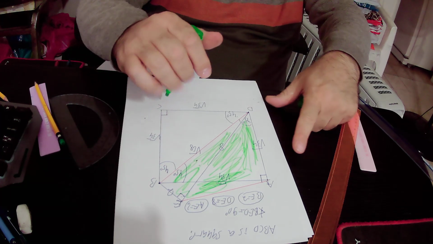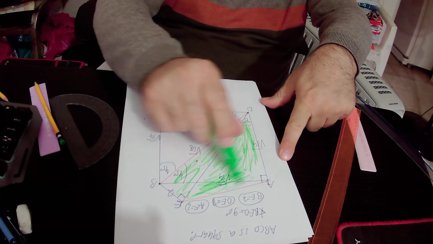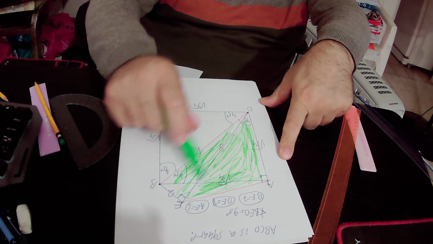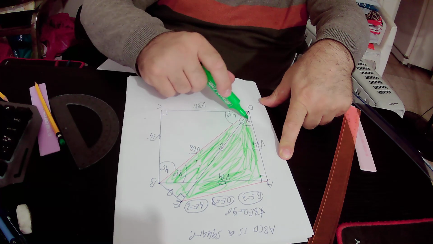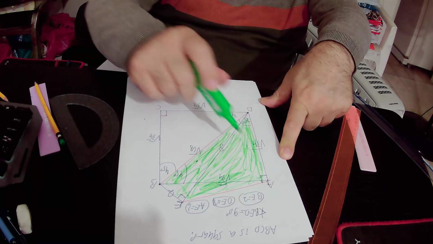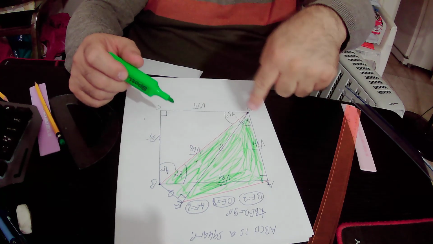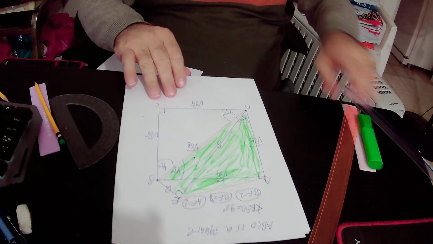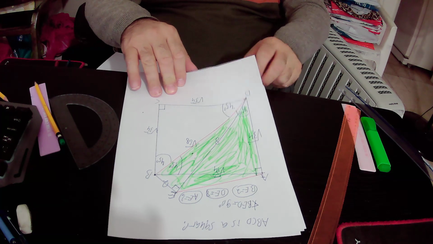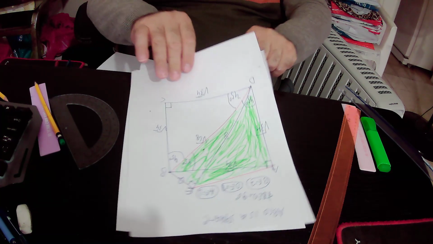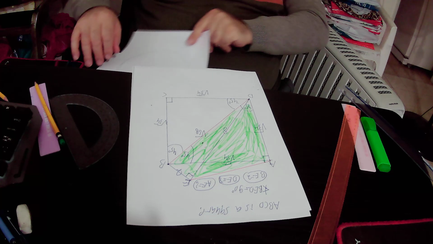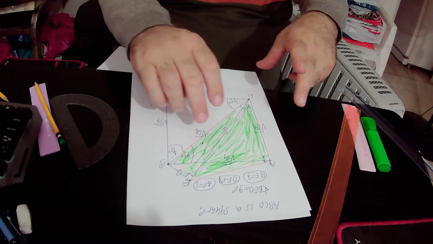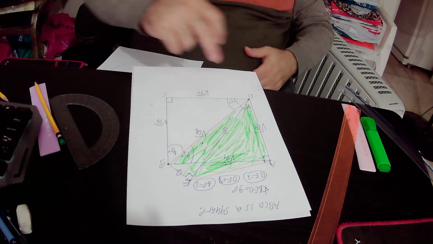Then the green quadrilateral AEBD is inscribed by a circle, and the 4 points A, E, B, and D lie on that circle. So according to rule number 2, quadrilateral AEBD in the green color is inscribed by a circle.